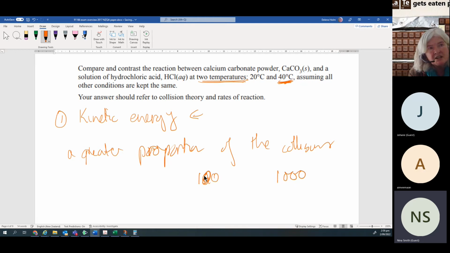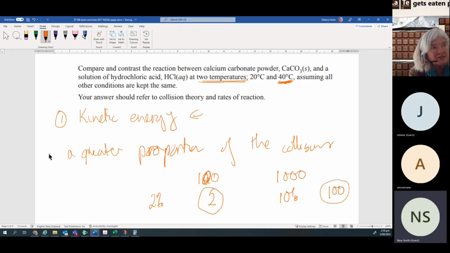But at 20, only 2% of those are successful because they're quite low key collisions. So I've only got 2 collisions per second that are successful. But when I do that at 40 degrees, then perhaps 10% of the collisions are successful. So can you see I go from 2 collisions per second to 100 collisions per second.